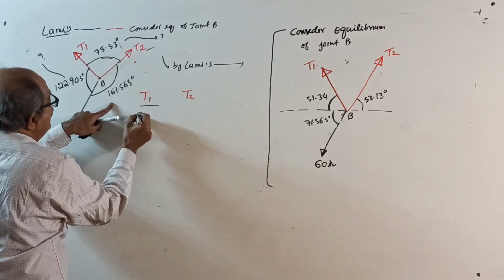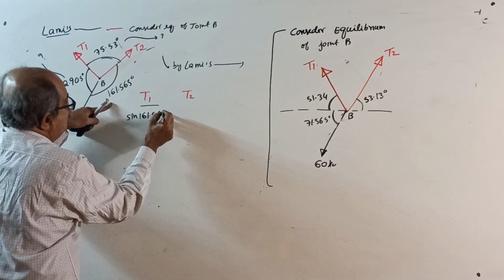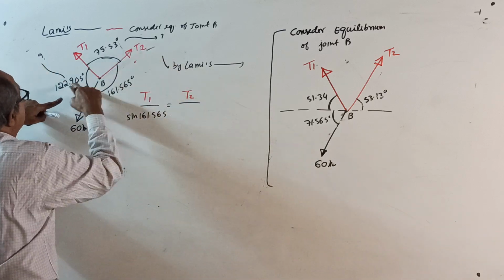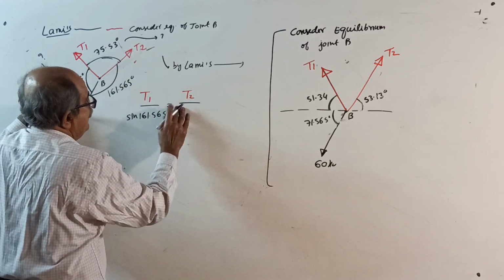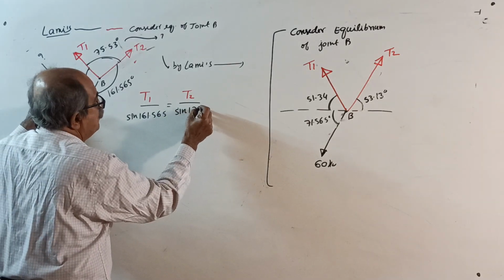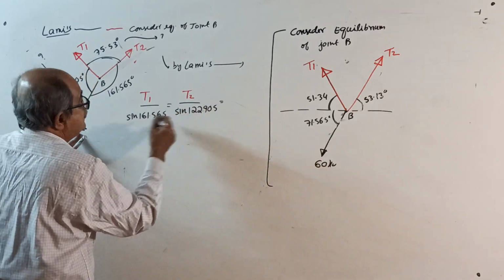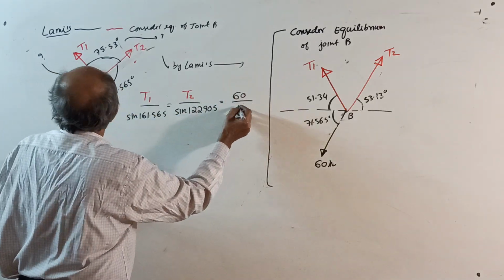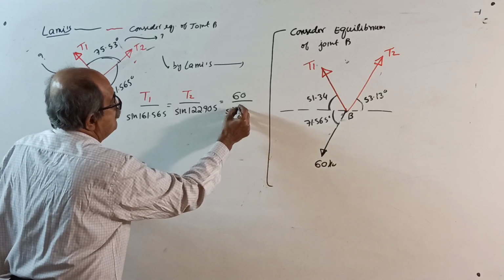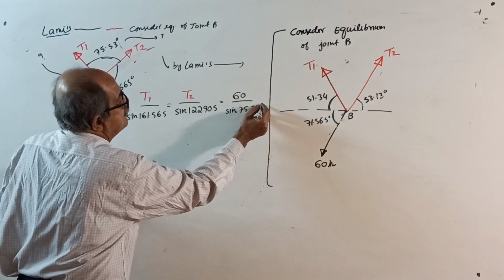T1 divided by sine of 161.565 equals T2 divided by sine of the opposite angle, sine of 122.905, equals 60 divided by sine of 75.53 degrees.